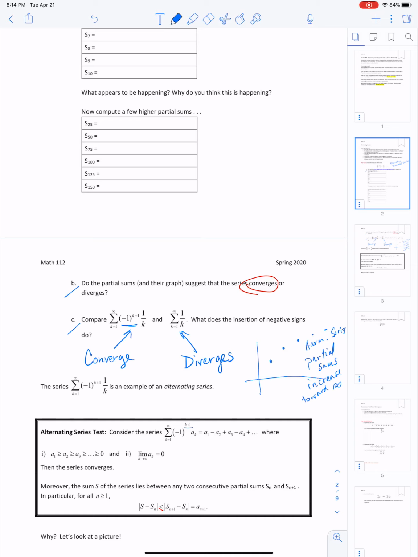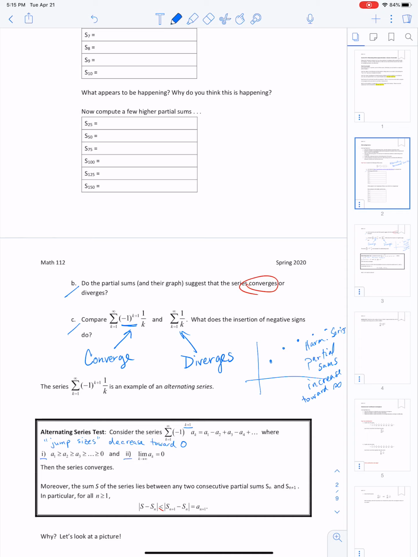So it turns out that if we have such an alternating series, and the jump sizes are strictly decreasing, it's a little bit informal here, and they decrease toward 0. When I say jump sizes decrease towards 0, that's combining 1 and 2 here.